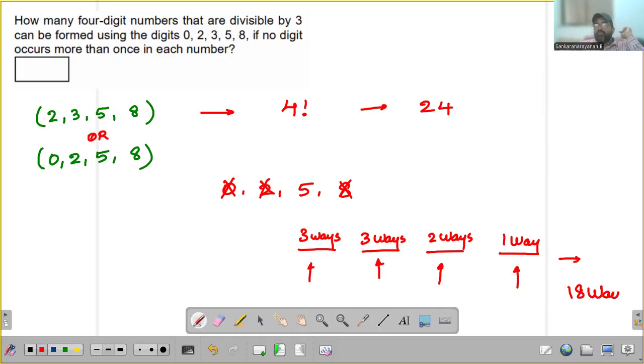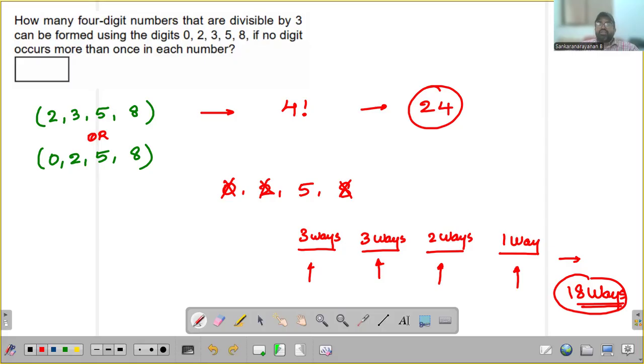Got it? So please be aware of this. Case 1, I kicked out 0, 24 ways are there. In the second case, I kicked out 3, 18 ways are there, 18 numbers are possible. In all other instances, if I kick out 2 or 5 or 8, the number so formed will not be divisible by 3, so I need not consider those.